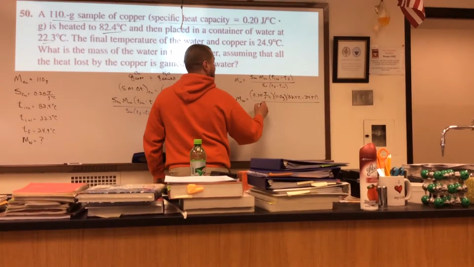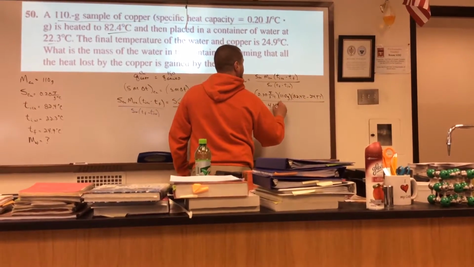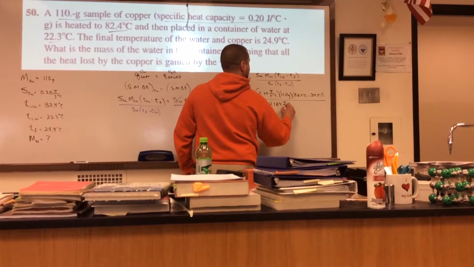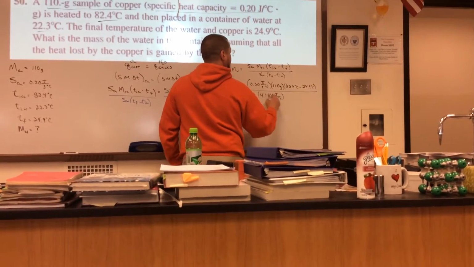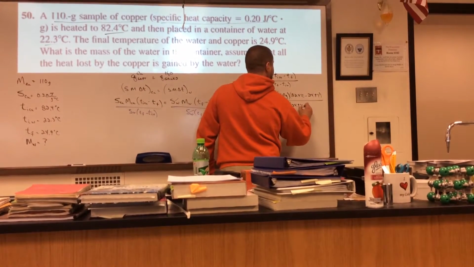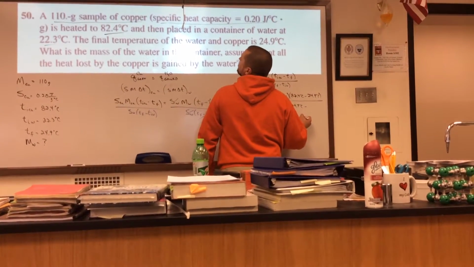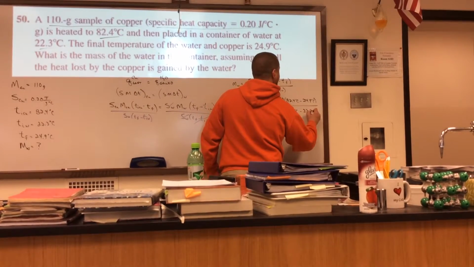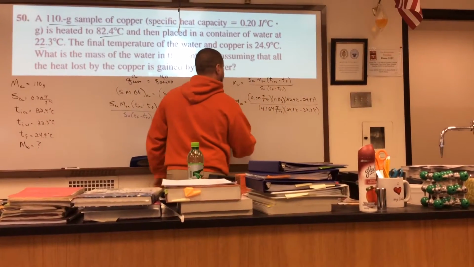All divided by specific heat of water. That's one we probably should know. Joules per gram times degrees C. Temperature final, again, 24.9 degrees C minus the initial, 22.3.